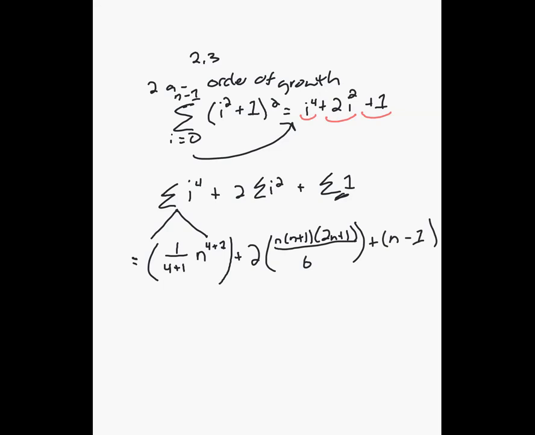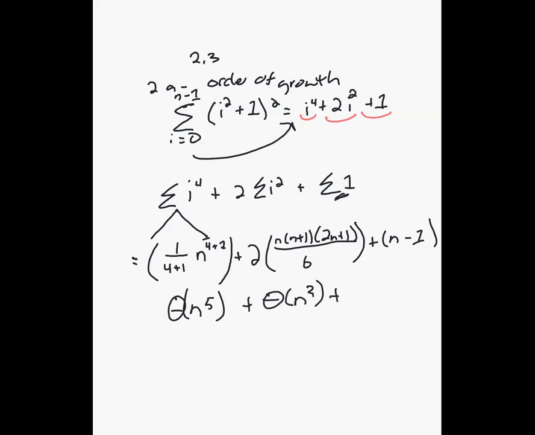And remember the law that we look at just which one takes the longest when we're adding together here. Okay, so this one is basically going to be big theta of n to the 5th, because that's the highest power we get from there. This middle one here is going to be big theta of n cubed.